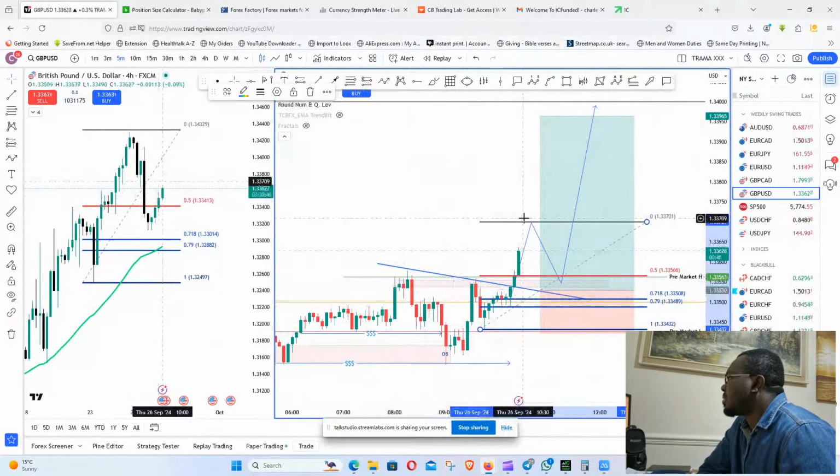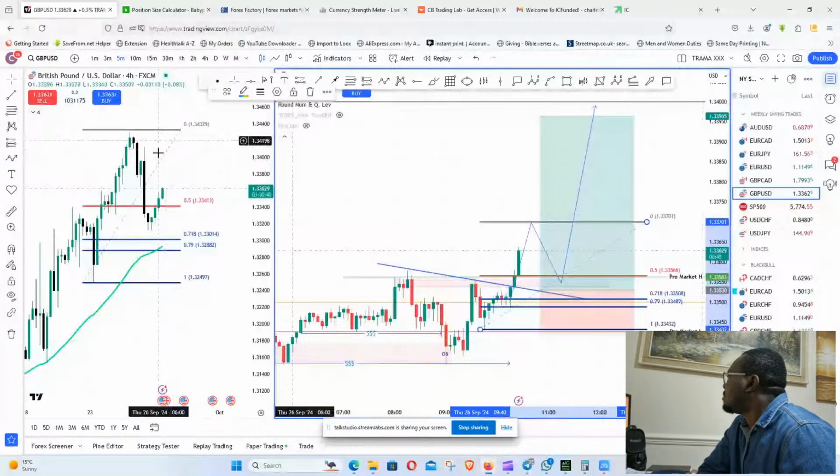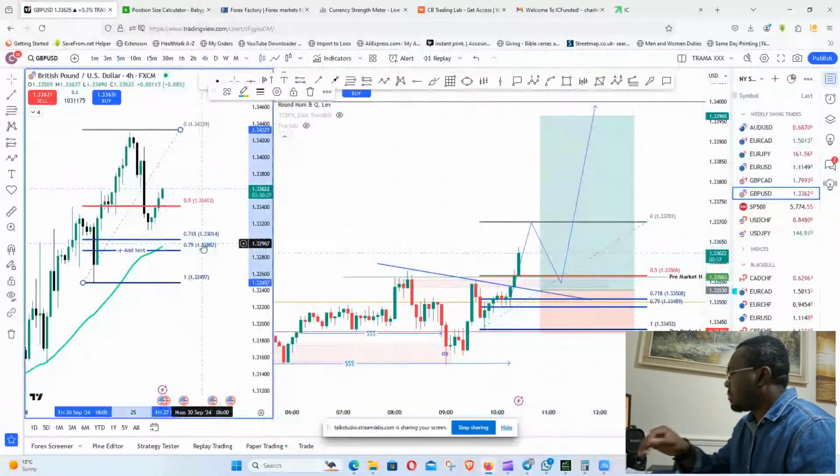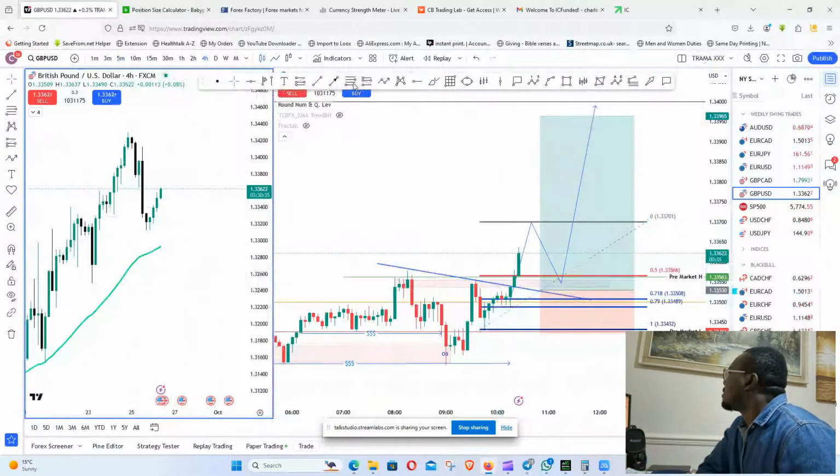That's why this push up happened. So change the fib now to this level.